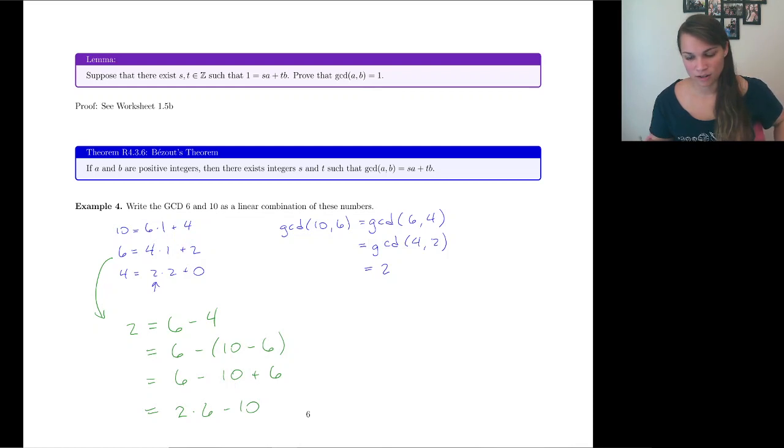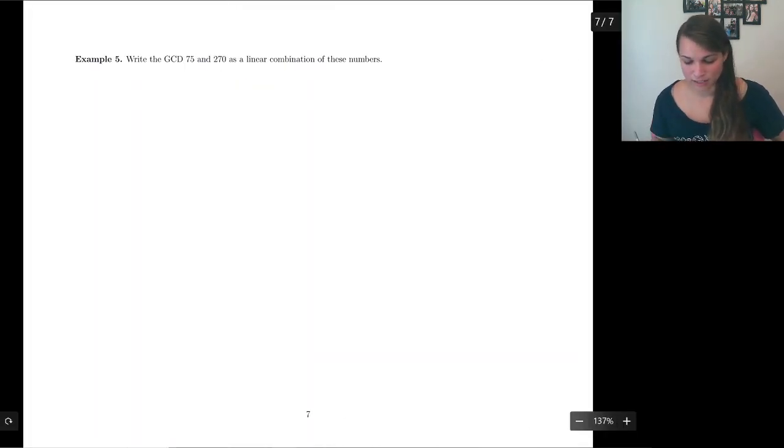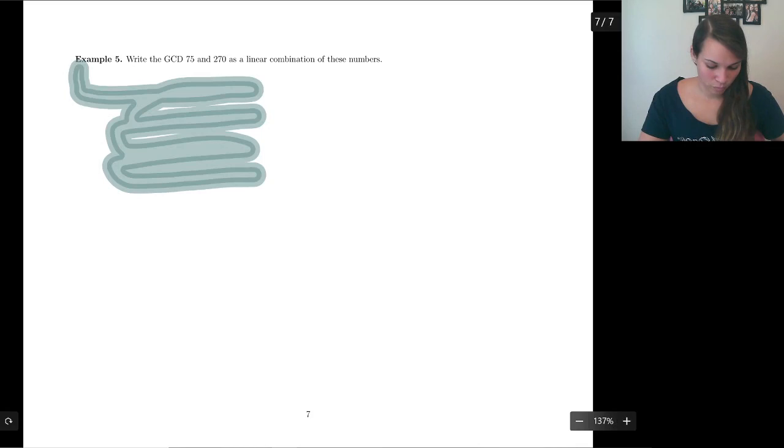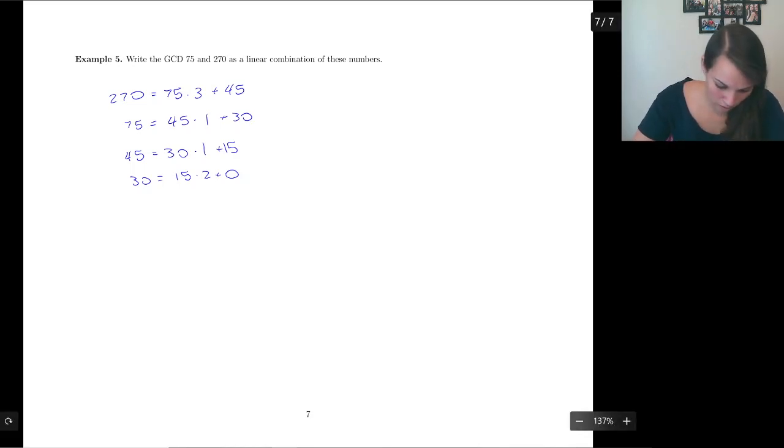Let's take this for a run when it's not obvious. Let's write the GCD of 75 and 270 in terms of 75 and 270. We already did the work for finding the GCD using Euclid's algorithm, so I went ahead and copied that down. So now we start with the second to last line, which is going to give us an equation involving the GCD, which was 75.